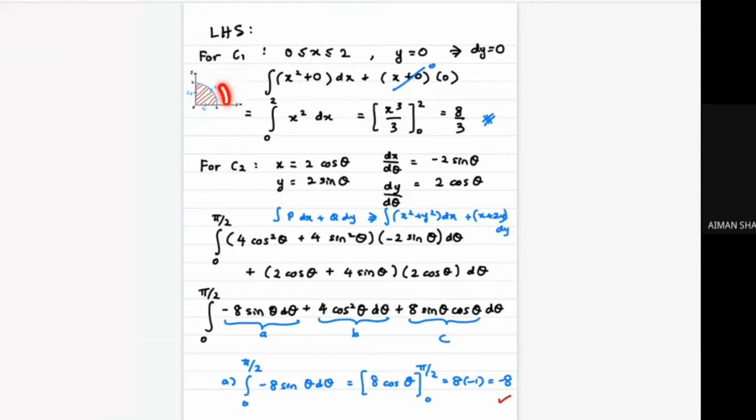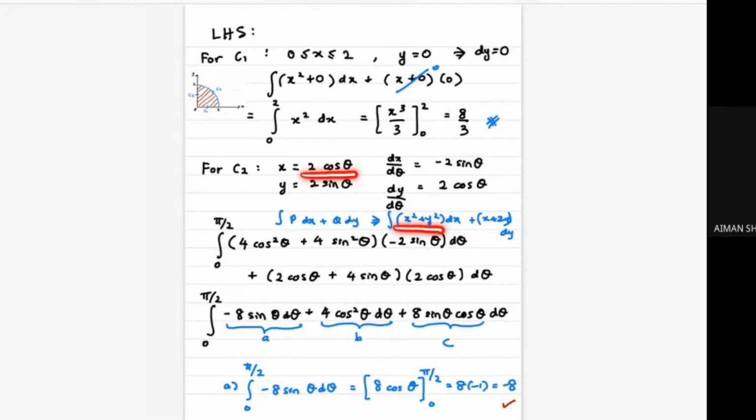For C2, C2 is this line, for the first quarter of the circle. So x is equal to 2 cos theta, y is equal to 2 sine theta, dx d theta is equal to negative 2 sine theta, and dy d theta is 2 cos theta. Again, this is your P and Q from the question. So you just substitute your x and y into the function from the question. x squared plus y squared: your x here is 2 cos theta, so for x squared you get 4 cos squared theta.